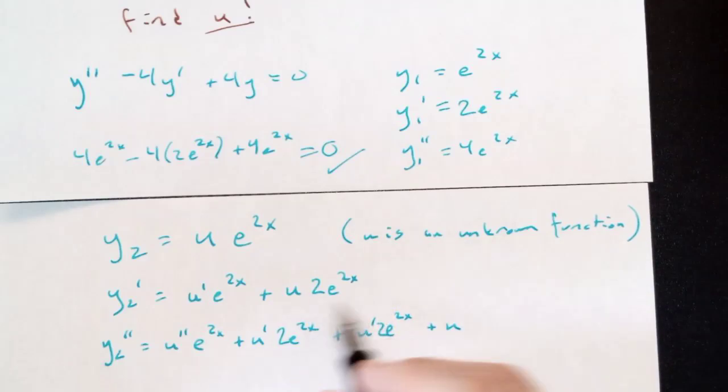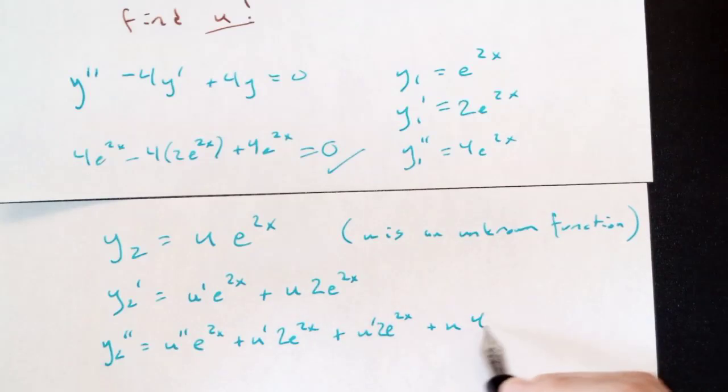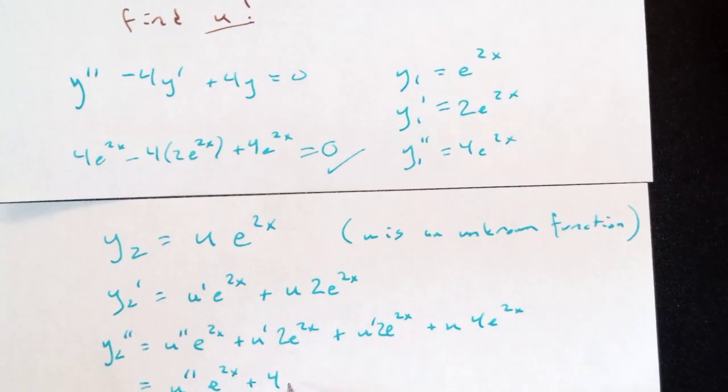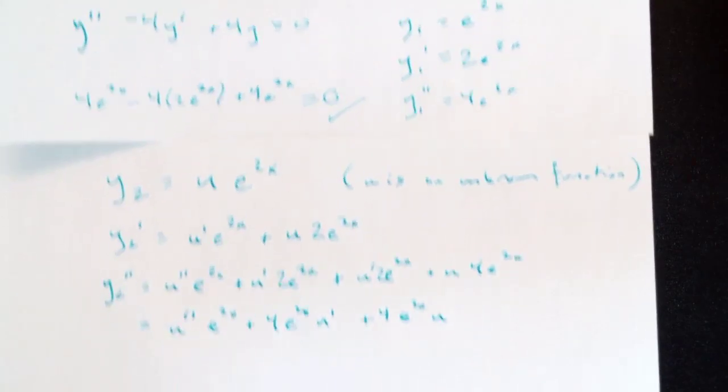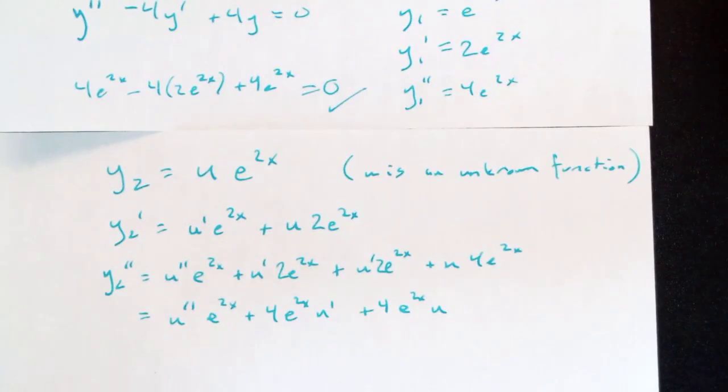Plus u, do the derivative of this, 4e to the 2x. I am going to put those together. u double prime e to the 2x plus 4e to the 2x u prime plus 4e to the 2x u. This is getting gross.